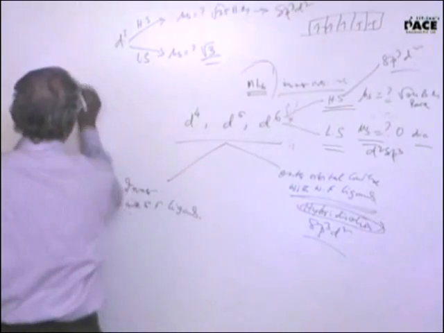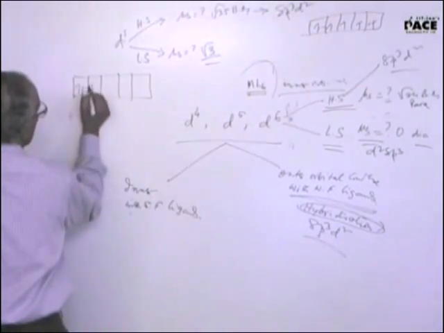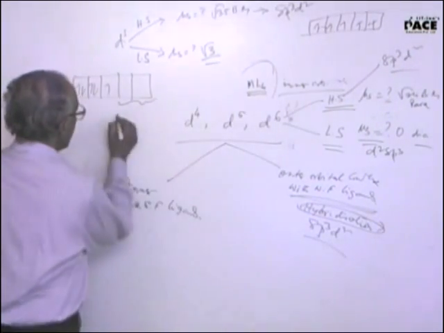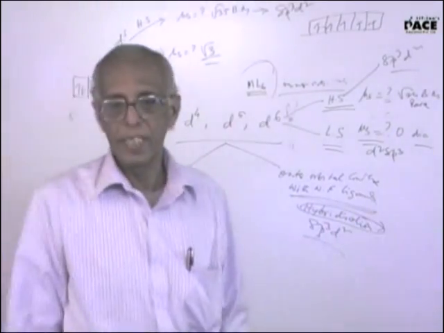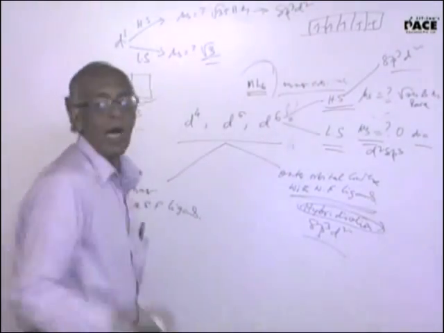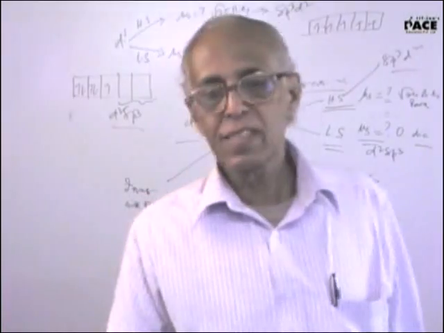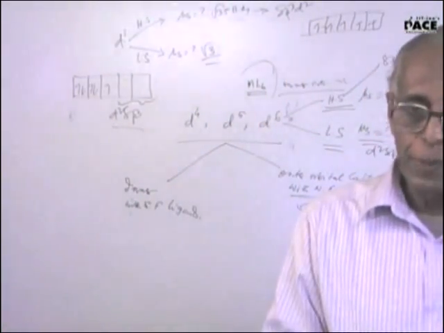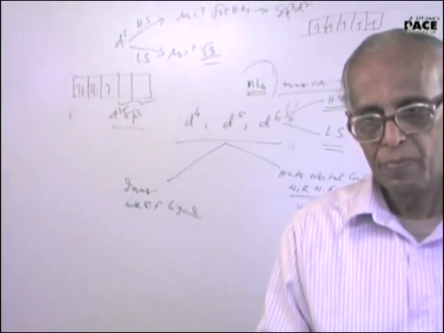For low spin, d2sp3. So it forms an inner orbital complex. Okay. Yes. So for d4, d5, d6, high spin is outer orbital, low spin is inner orbital.